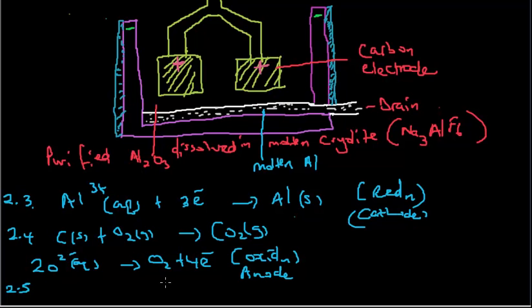Then we have fluorine and fluorine compounds lost from the molten cryolite, which we have in this particular cell, and which can also have some environmental impact, right?